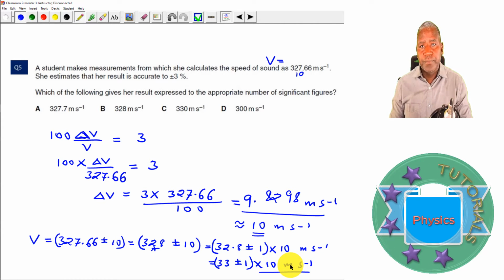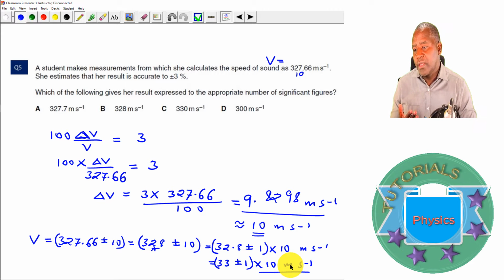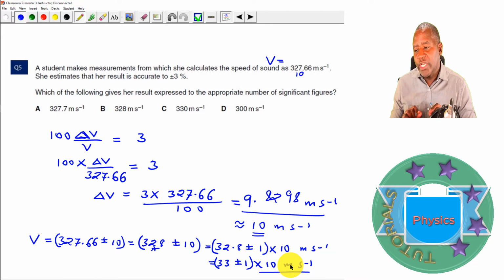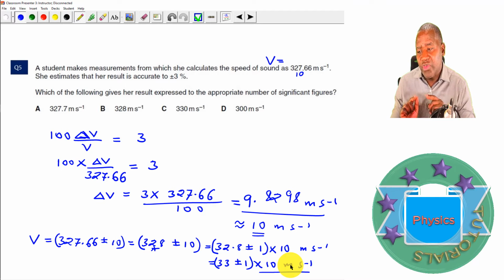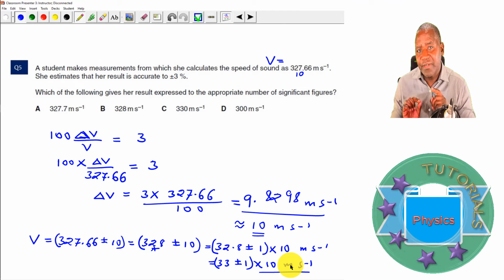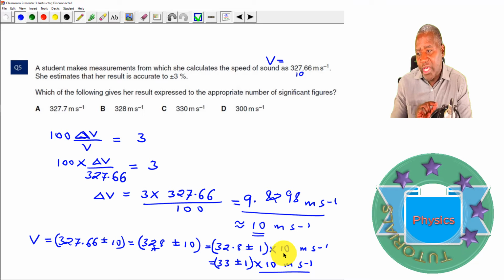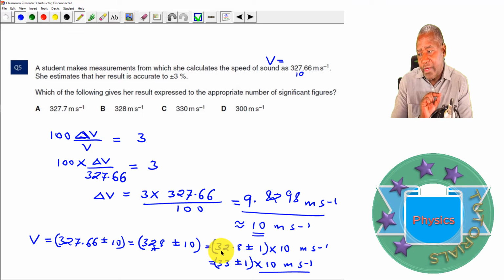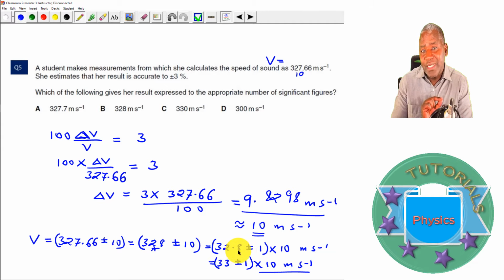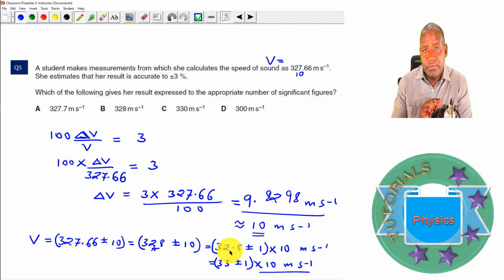So, point number 1, uncertainties, especially absolute uncertainties, they usually express to 1 significant figure. Once you do that, then check the value in your calculated value that is affected by that digit.